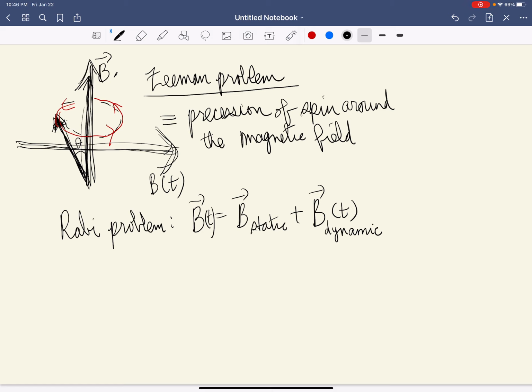Okay, so the Rabi problem is about the dynamics of a spin in the presence of these crossed magnetic fields, one of which is static and the other one is dynamic. And I will discuss the solution of this problem in the next video.